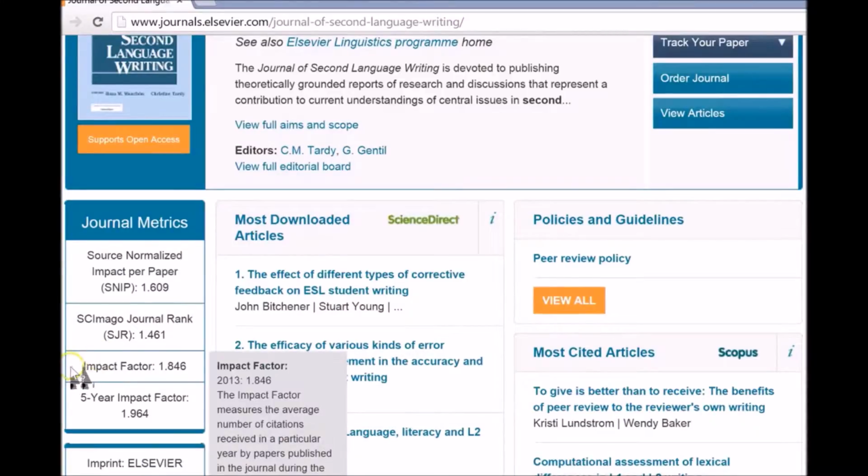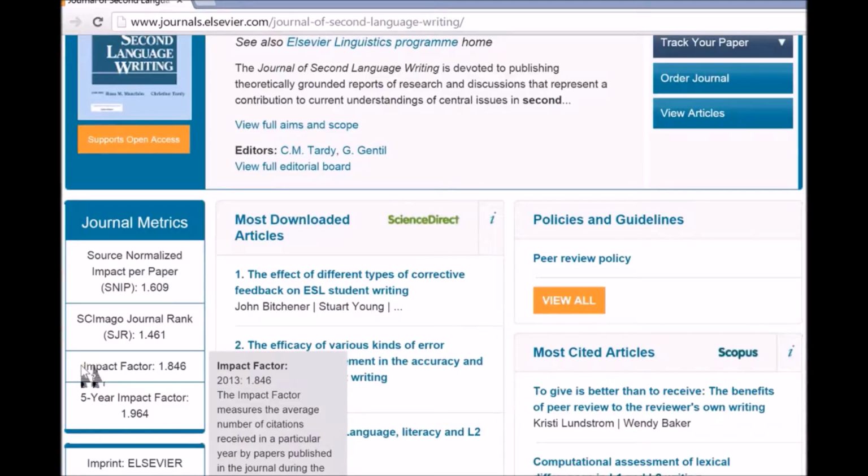The most important one is the impact factor, which measures the average number of citations received in a particular year by papers published. And again, this is a number you can compare in your discipline.